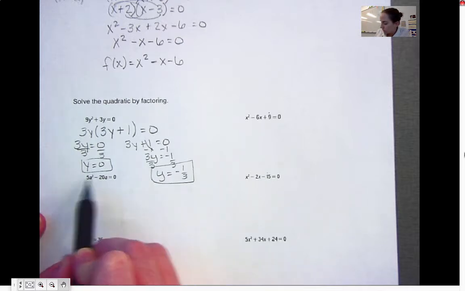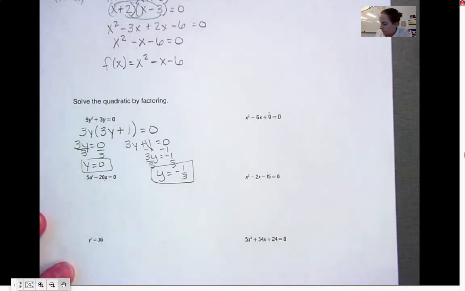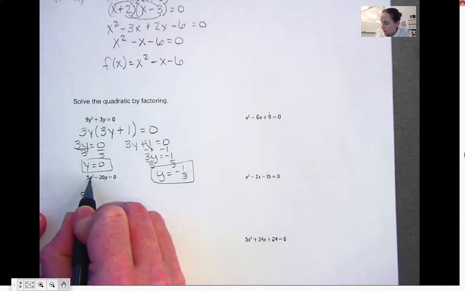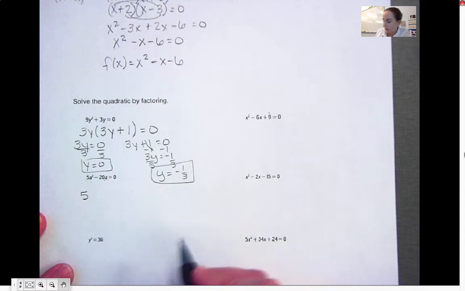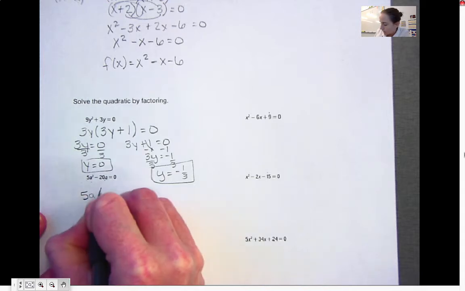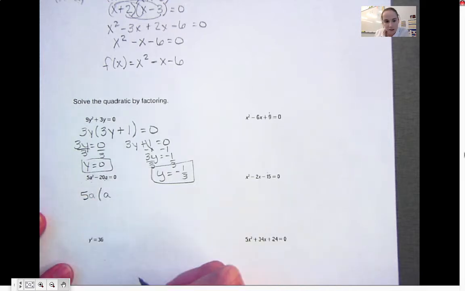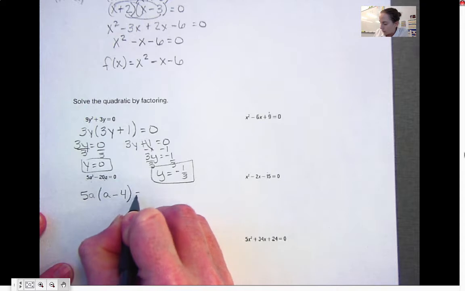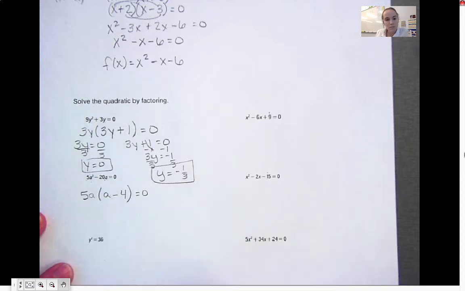Let's look at this one. Again, I can take out a GCF. The number I can take out is 5. And the variable, each of them have at least one a, so I can take out an a. And I'll have just an a left up front. That will make 5a squared if I multiplied it back in. Minus 4. And of course, put equals 0.